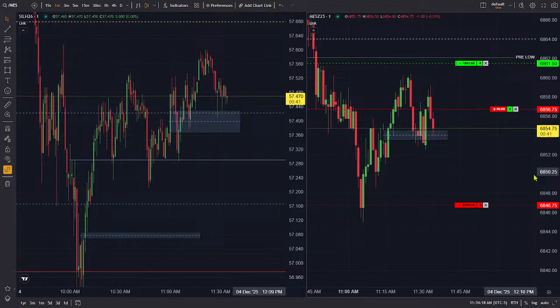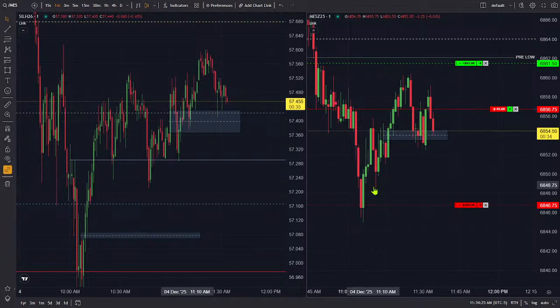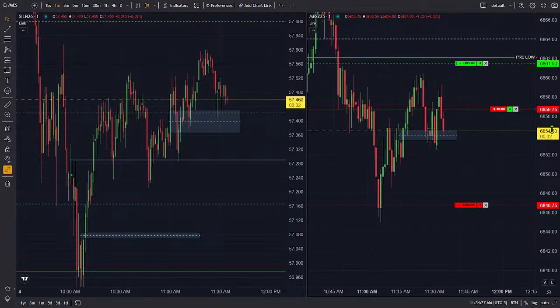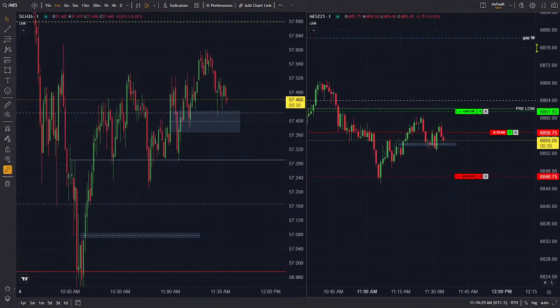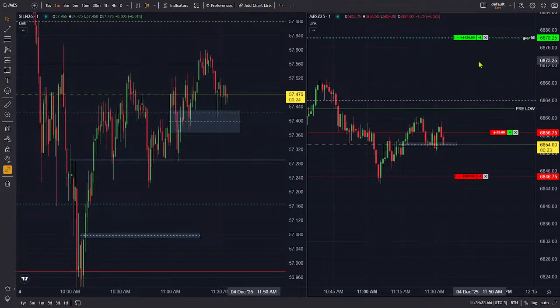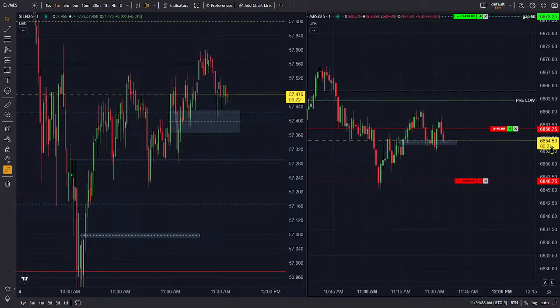ES has an affinity to 50. So going back to 50, pushing up. Its next stop is actually 80, which would be up here at the gap fill. If we get up there, that would be pretty nice. But right now, it's not looking good.